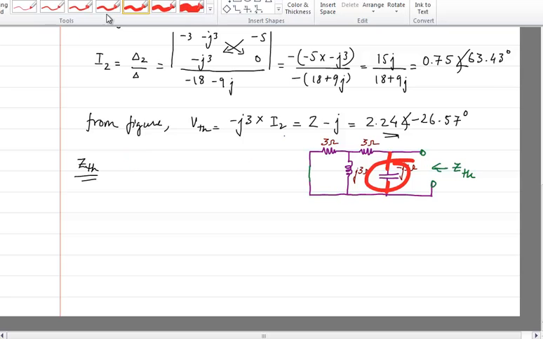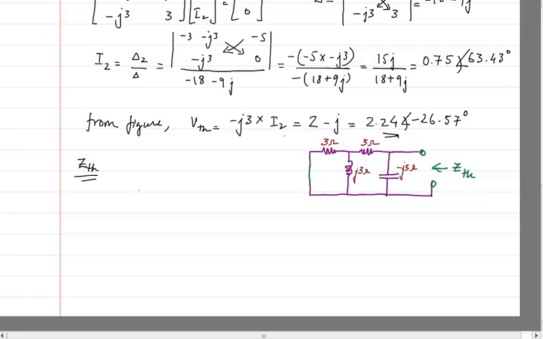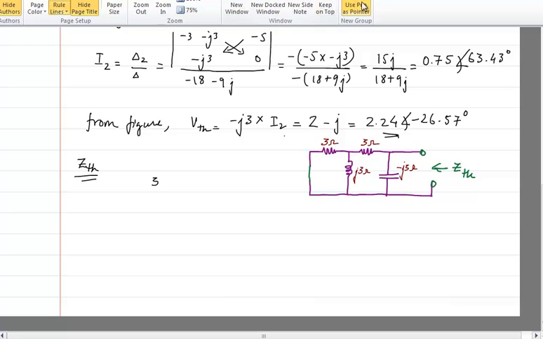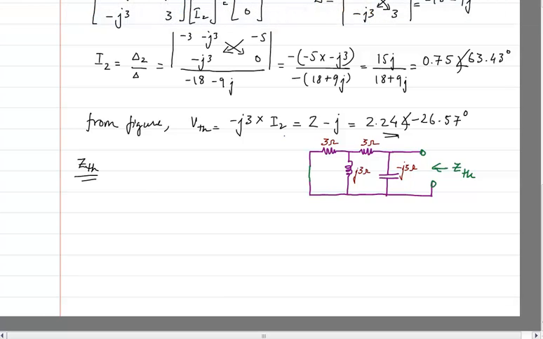So in that sense, ZTH is going to be equal to 3 parallel with J3, the answer of that, plus 3, the answer of that should be parallel with minus J3.